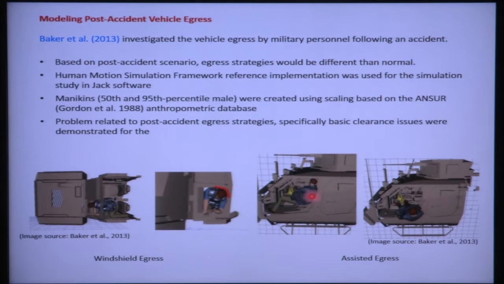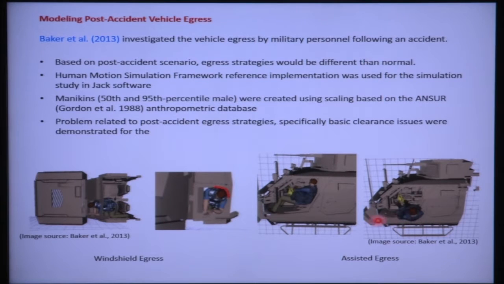On the other hand, there are two types. One is windshield egress, by that army personnel on his own. Otherwise, it may be assisted egress, meaning some other army personnel helping that person to come out. In that case, is the door opening size sufficient for assisted egress?